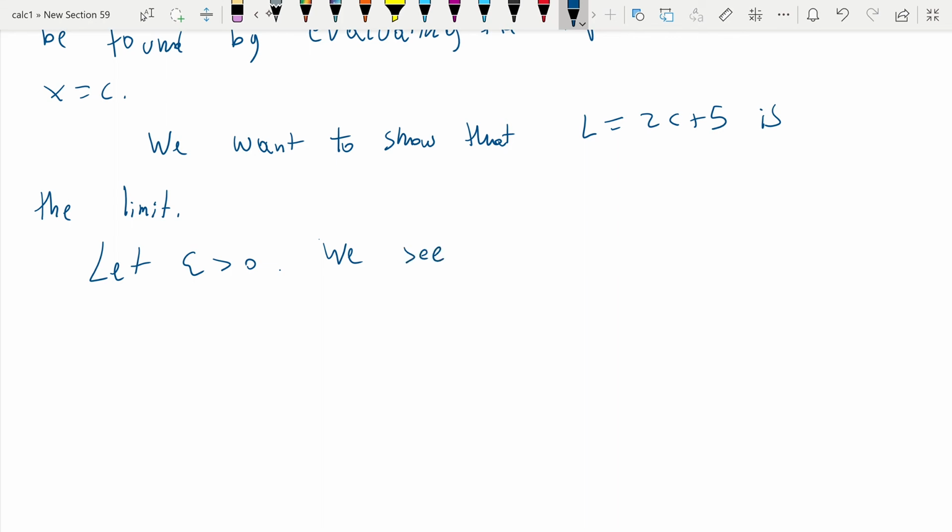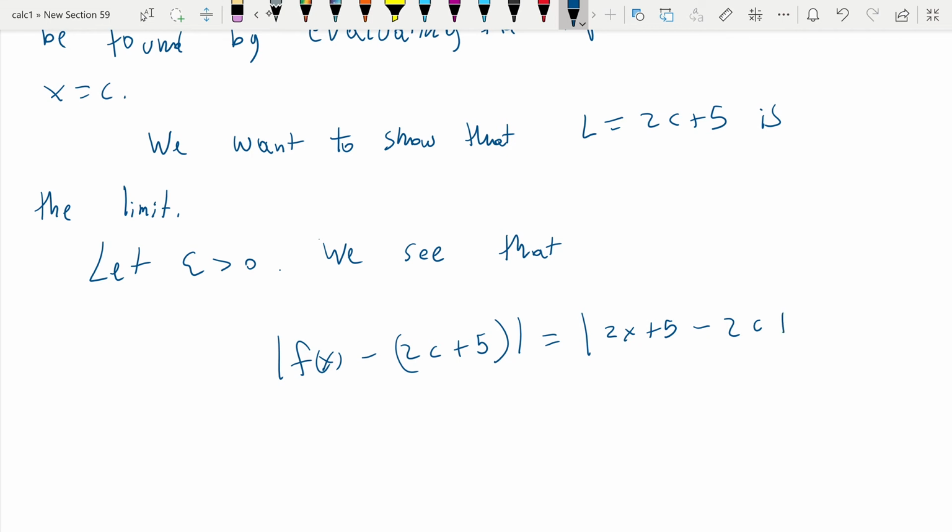We see that the absolute value of f of x minus (2c plus 5) is equal to the absolute value of 2x plus 5 minus 2c minus 5.